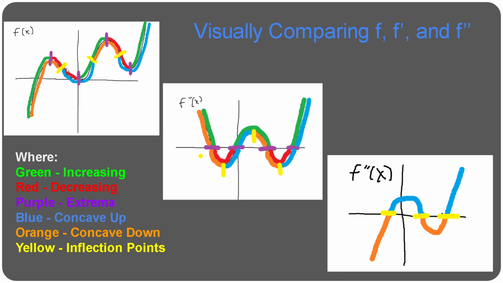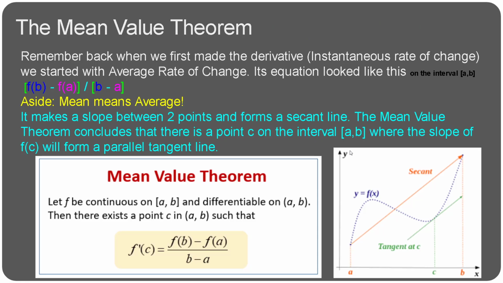Inflection points are right here on the original function. It's where the concavity changes. So right here, you're concave down, concave up, concave down again, and then concave up. And that happens at the extrema of f prime of x and at the zeros of f double prime of x. So that's just kind of a visual comparison between them.